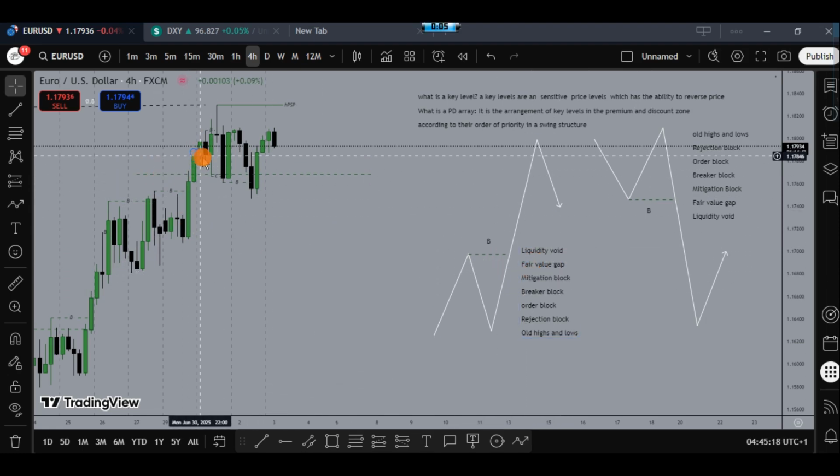So this line to this top is my premium zone. From this line to this low, let me mark this low.